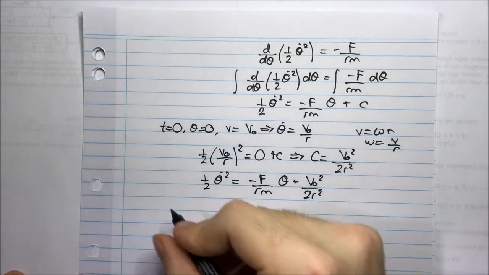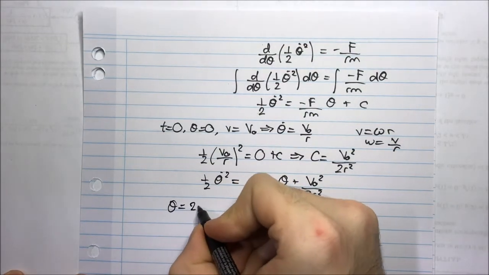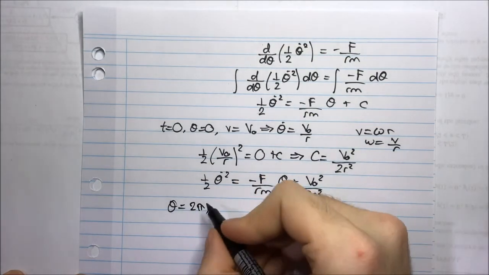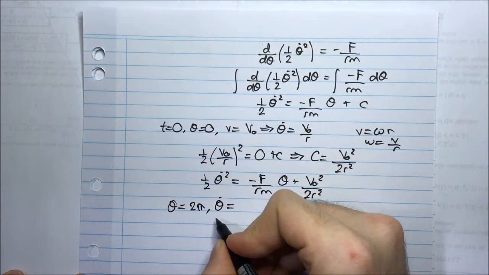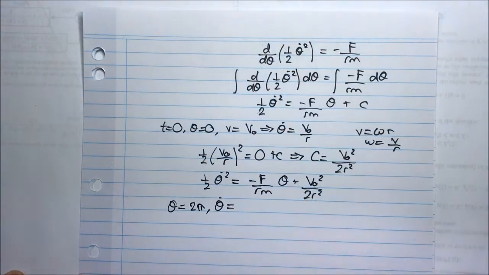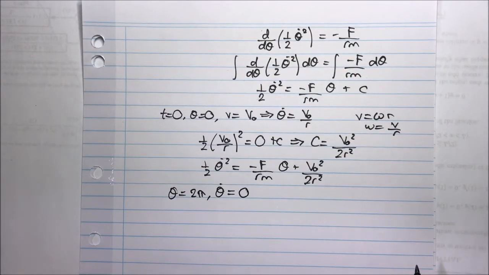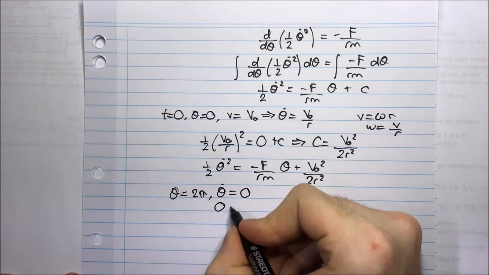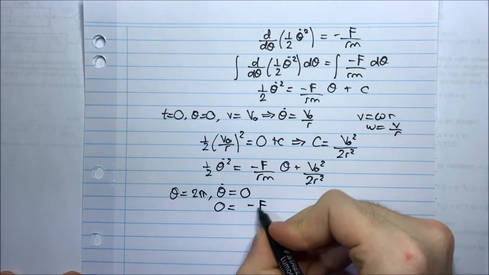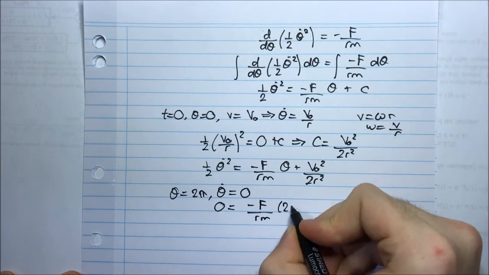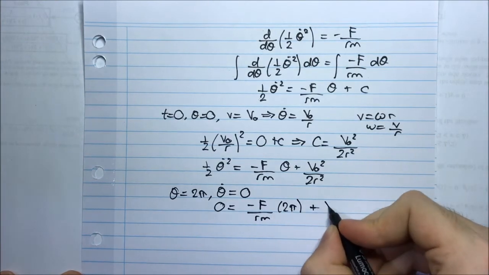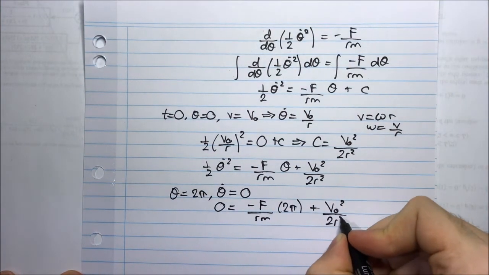So that means when theta is equal to 2 pi, what do I have? I have my velocity, both linear and angular, but we only need angular here, that's going to be equal to 0. So that means I can substitute these into this equation. And this is what I get. 0 equals negative f on Rm times 2 pi plus v0 squared on 2r squared.